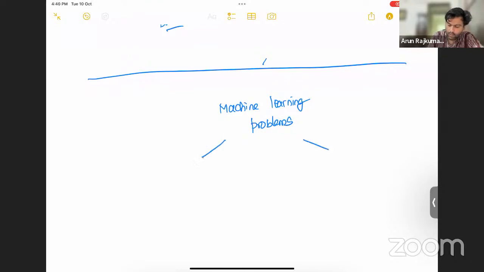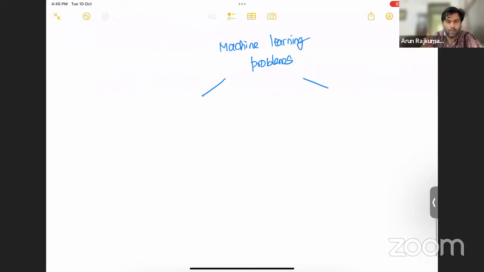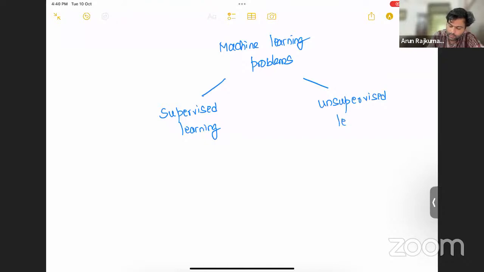Broadly, these fall under two different categories. Some of the examples I've seen, now I'm trying to bucket them into proper sets. One is what is called supervised learning, and the other is what is called unsupervised learning, and we'll talk about what these two things are now.